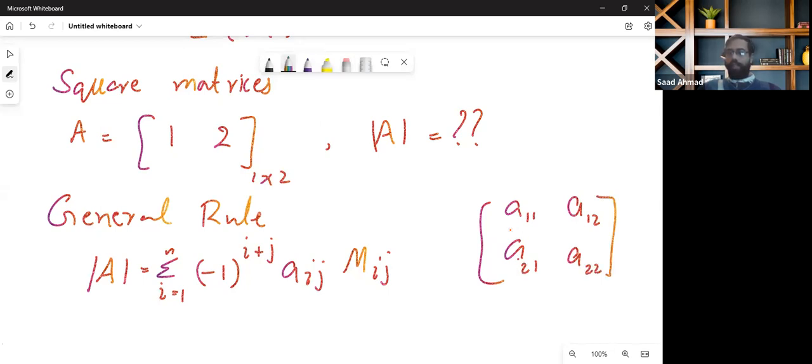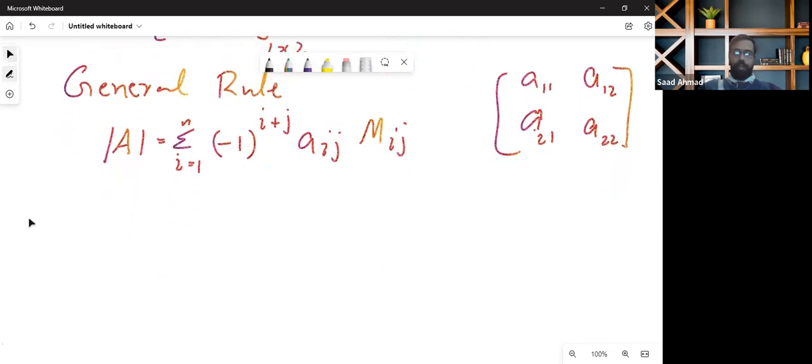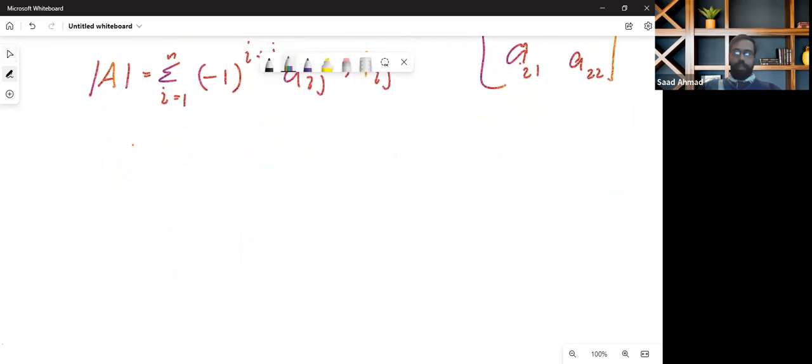So the aij are the entries for that place. And mij, the one that is written as mij, is called the minor of a, ij, whatever the entry is.